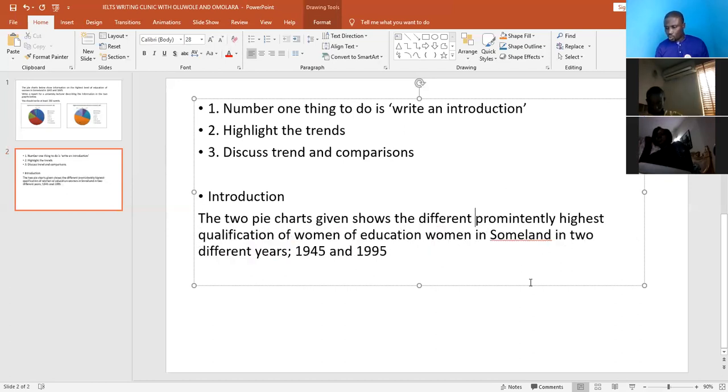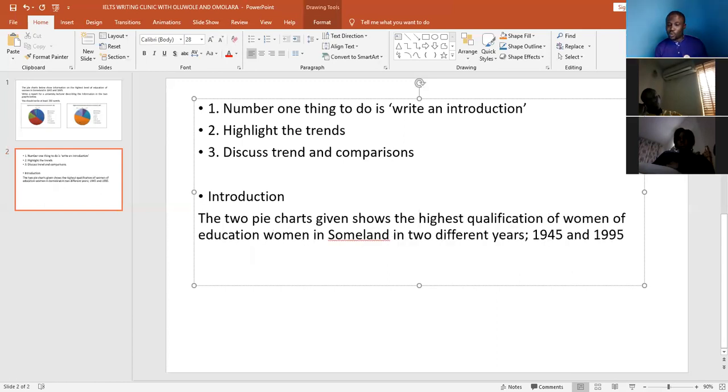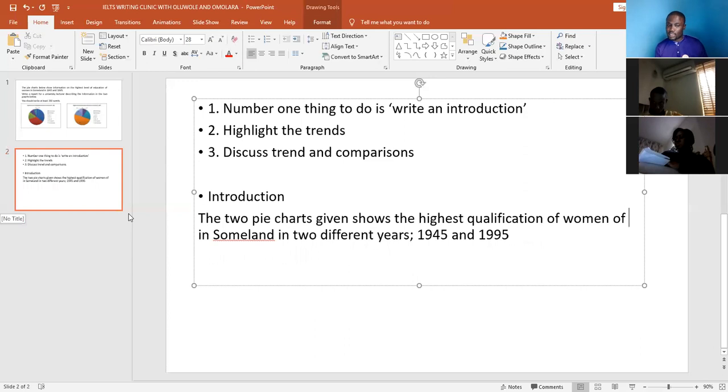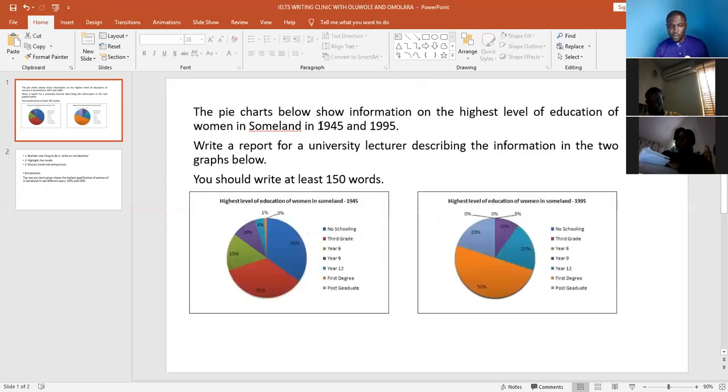But, the highest qualification of women in Summerland in two different years, 1945 and 1995. Stick to the introduction if it is confusing. The information you have been given, stick to it.